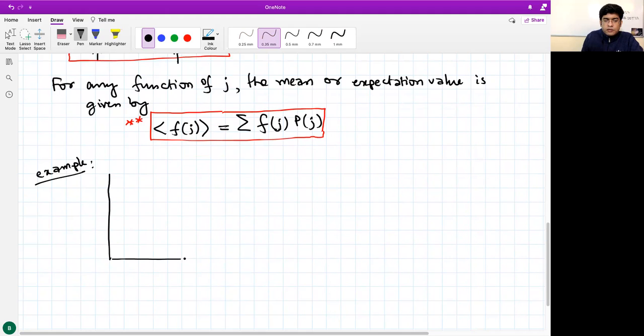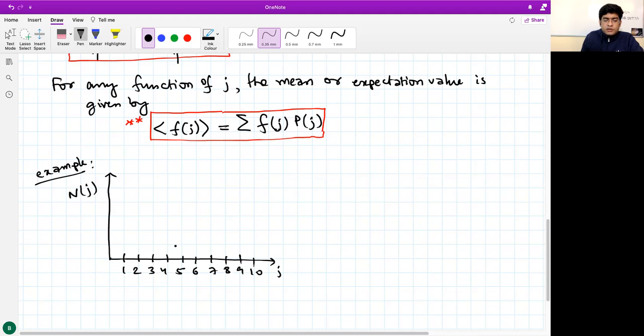This is nj, and this is j, with values 1 2 3 4 5 6 7 8 9 10 on the axis.